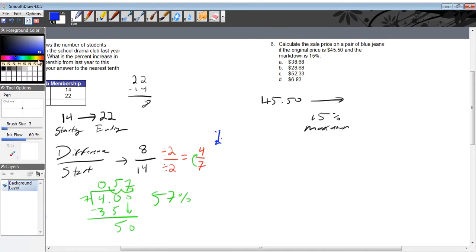So the way that we do this problem here, let me erase this. The first step is going to be multiply the percentage and starting number.